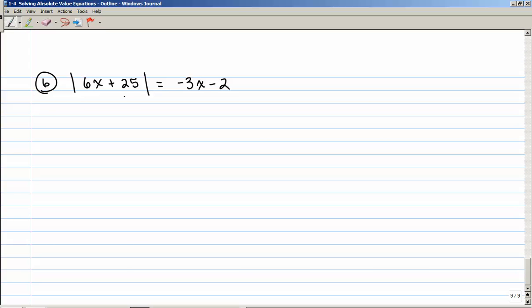The absolute value of 6x plus 25 equals negative 3x minus 2. So let's go ahead and write our two equations. 6x plus 25 equals the opposite of negative 3x minus 2.